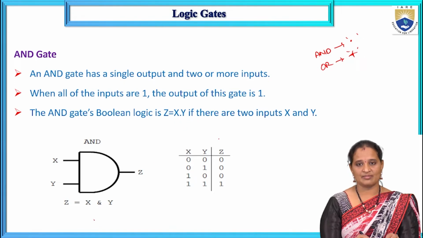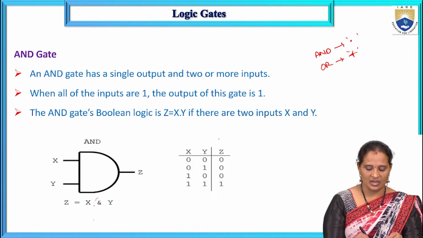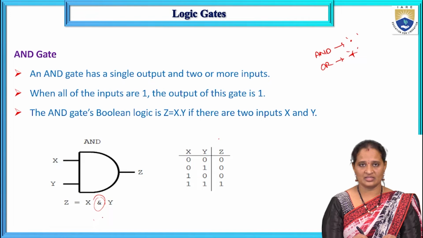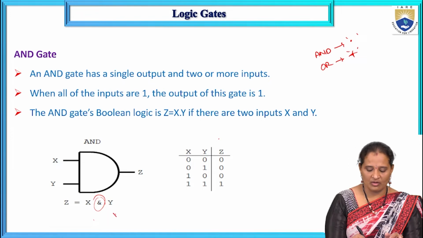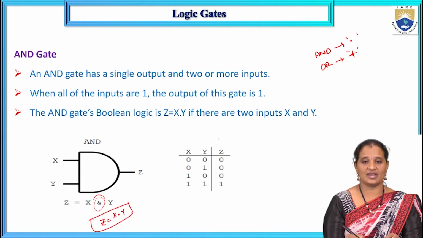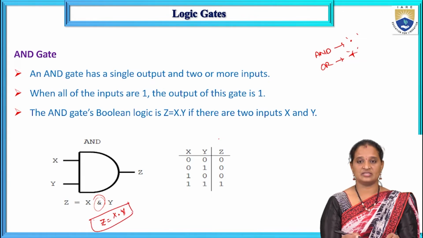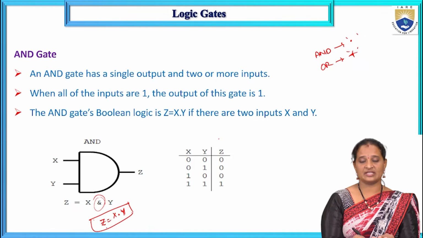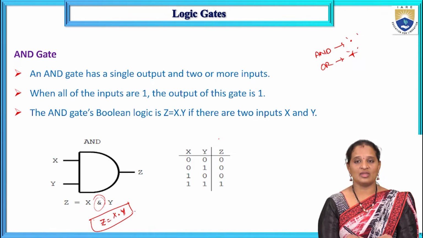And this is a logical symbol performing the logical AND operation. But we will not use this symbol in our practice in digital circuits. We always represent the Boolean function for the AND gate as Z equals X dot Y, where Z is the output and X and Y are the inputs here.